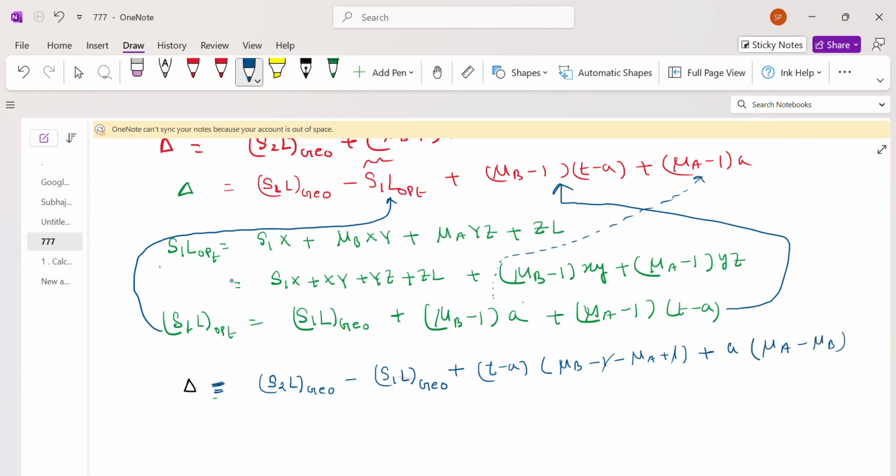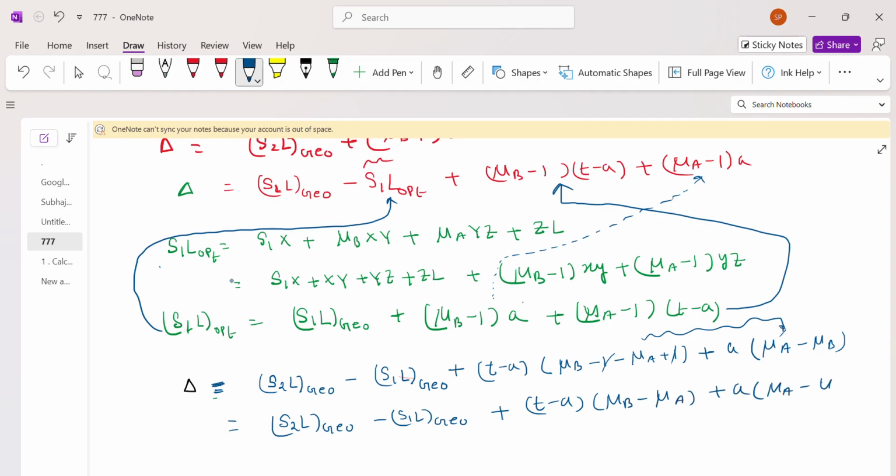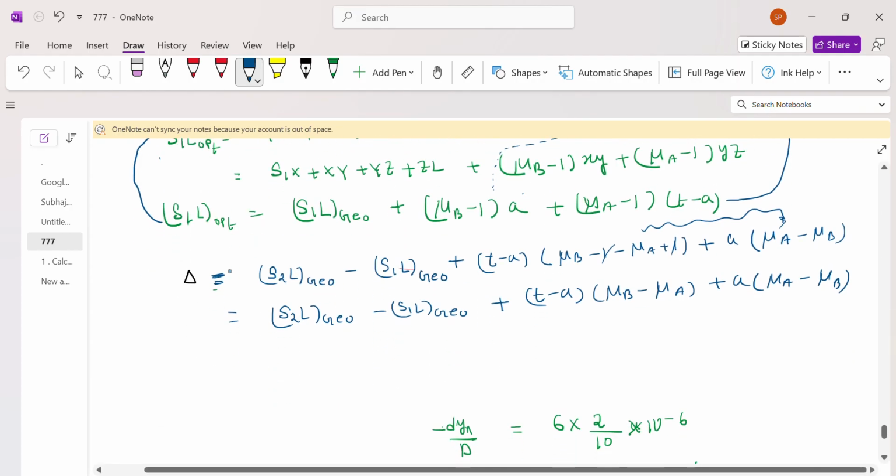The plus 1 and minus 1 cancel, and a similar thing happens in this bracket. So this is S2L geometrical minus S1L geometrical, plus t minus a into mu b minus mu a, plus a into mu a minus mu b. Cool.